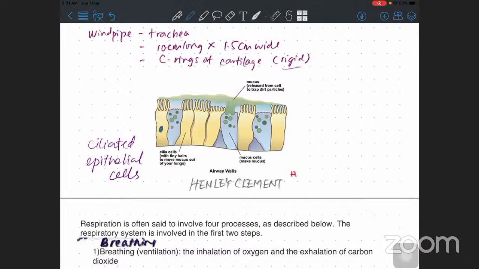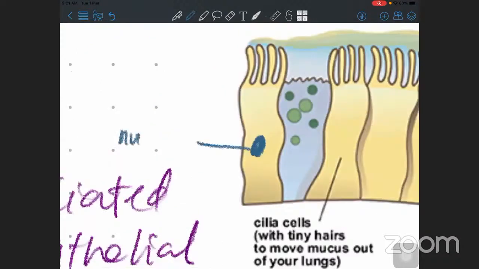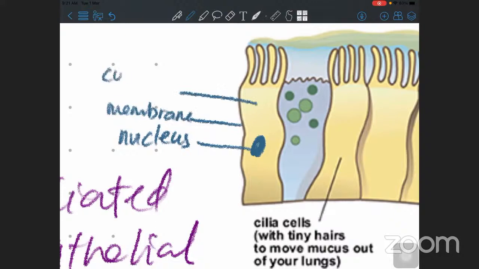The question would like you to learn that this is the nucleus, this is the membrane, and this is the cytoplasm.